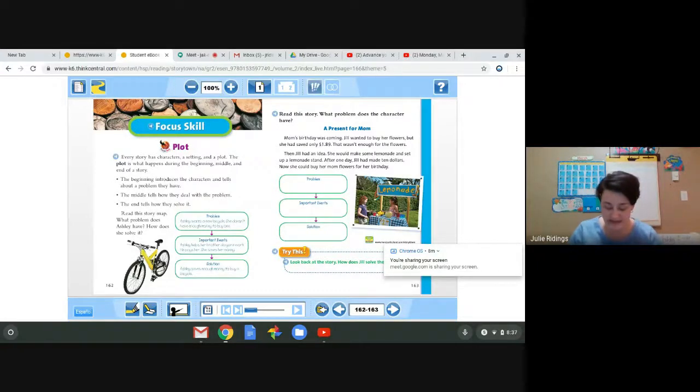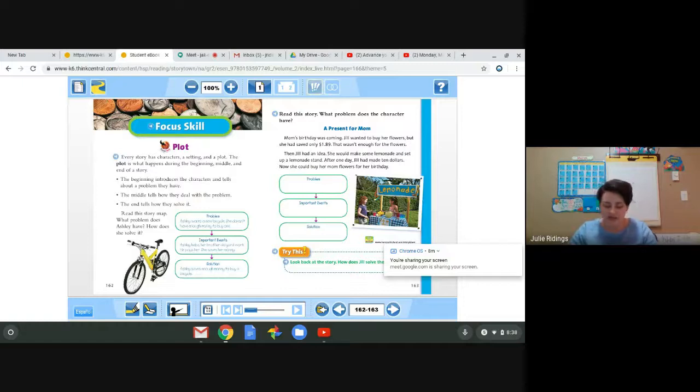The lemonade stand. She sold lemonade. Solution. After she got done selling the lemonade, how much money did she make? Good. She made $10. You'd look back in the second paragraph. Jill had made $10. Now she could buy her mom flowers for her birthday. She had enough money. Good job, guys.